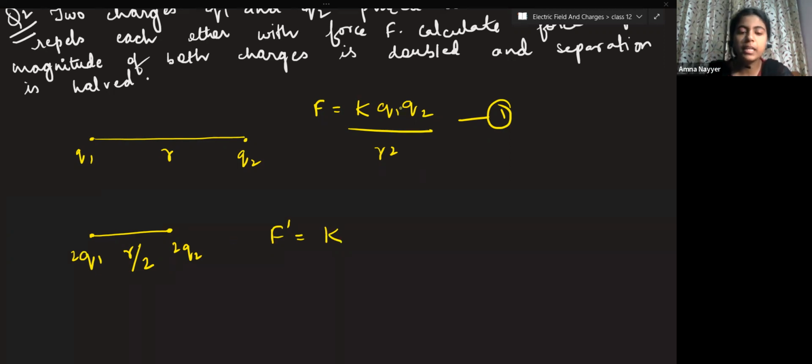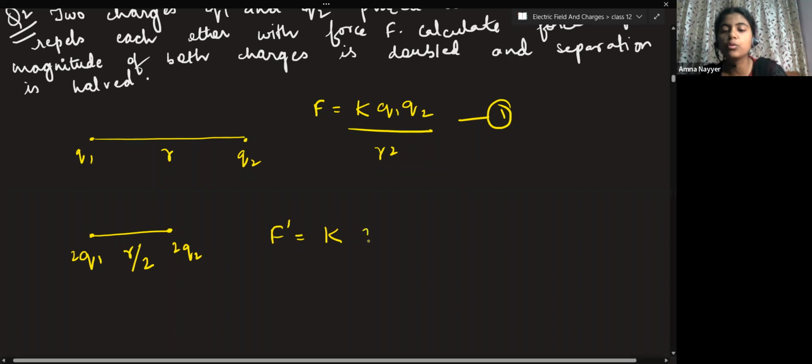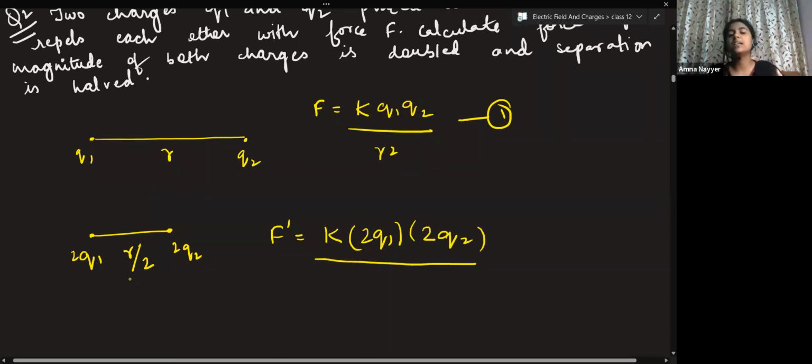So this will be K, then instead of Q1 we have 2Q1 right now, and instead of Q2 that we had initially, now the magnitude has doubled, so we'll write it as 2Q2, divided by r square. Now we cannot directly write r square. Instead of r, we have r by 2, so it will be r by 2 whole square.